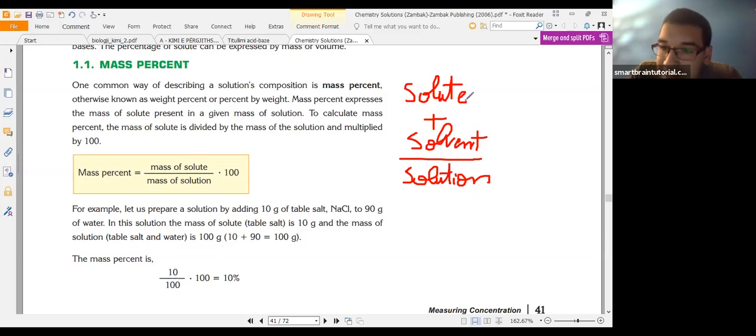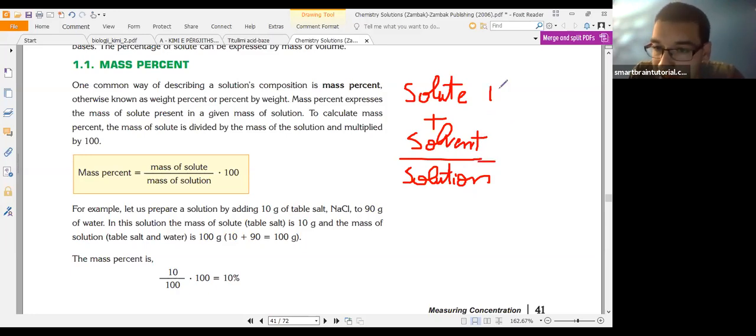Solute is the substance in minority in mass in the solution, whilst the solvent is the substance in majority in mass in the solution.